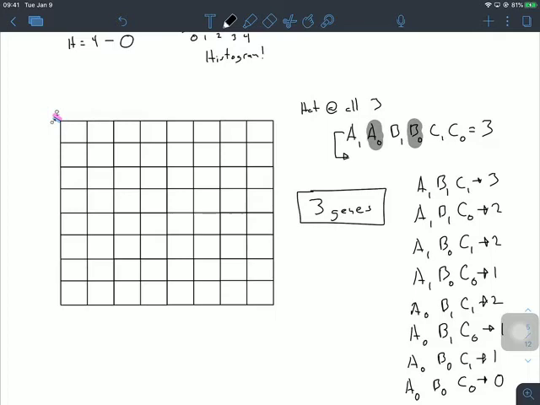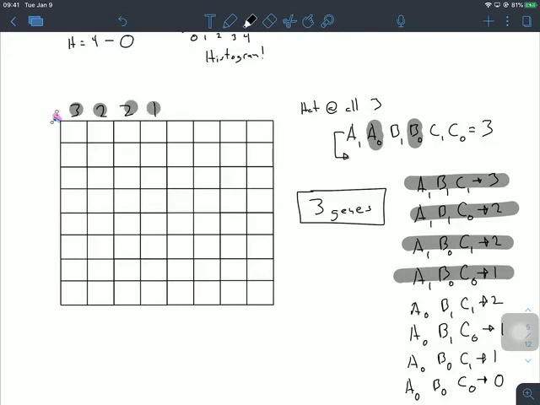A 3, a 2, a 2, a 1, and let's make sure that I'm counting these right. A 3, a 2, a 2, a 1, continue on, a 2, a 1, a 1, and a 0.